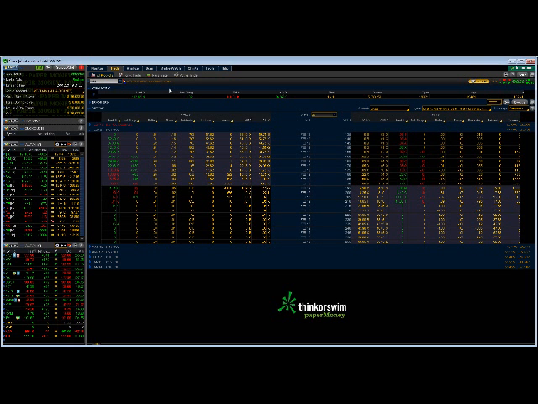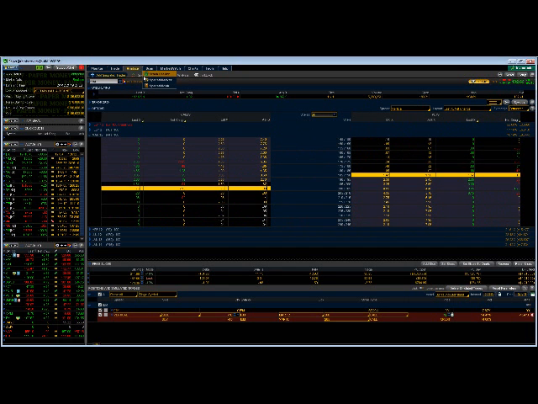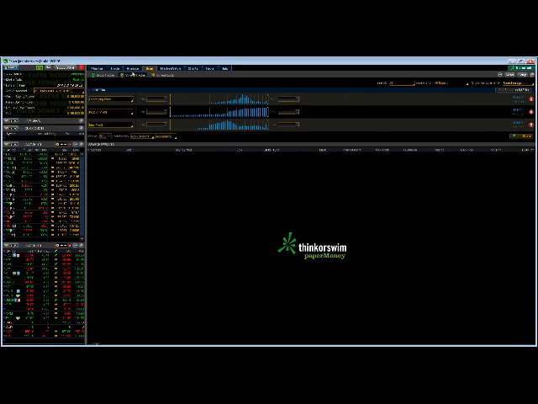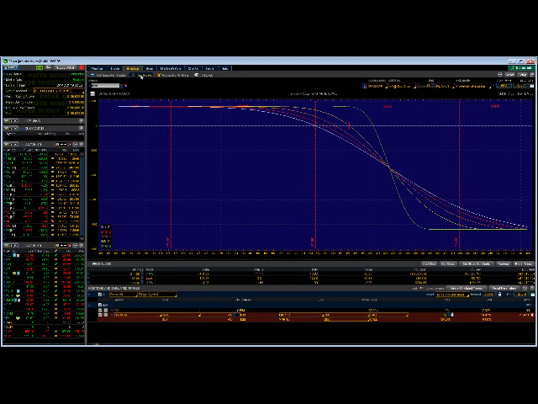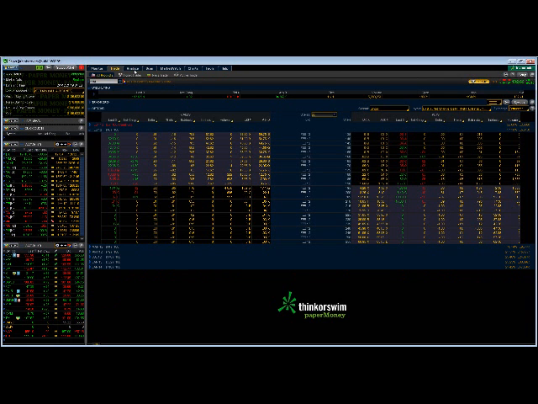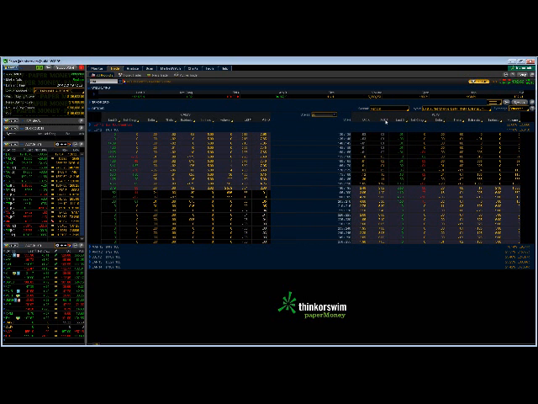Okay, if we model this with IBM, and let me just see if I've done something here. Yeah, okay. I modeled it. What I did was I went in and I modeled this trade. And I selected, I went into vertical. This is Thinkorswim.